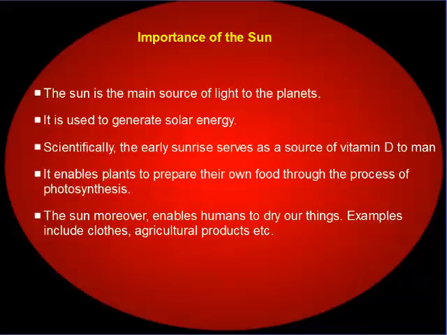The Sun also enables plants to prepare their own food through the process of photosynthesis. The Sun, moreover, enables humans to dry our things. Examples include clothes and agricultural products, like cocoa and all the other products that we dry in the sun.